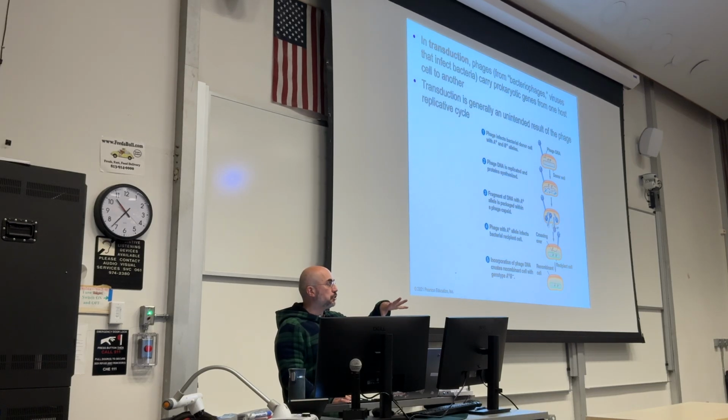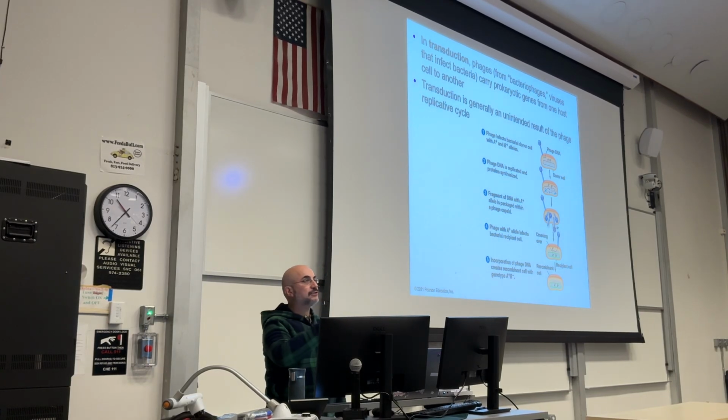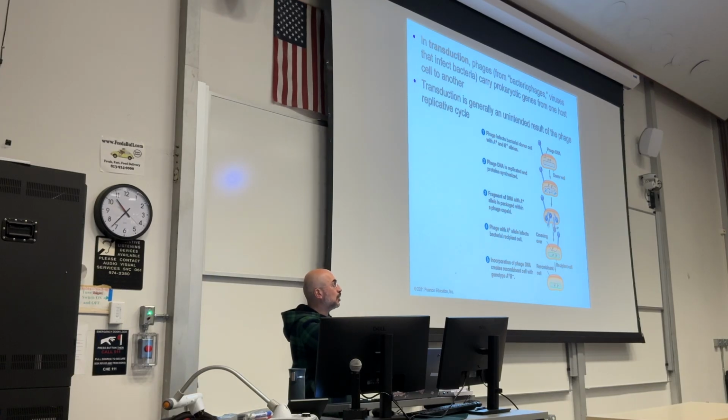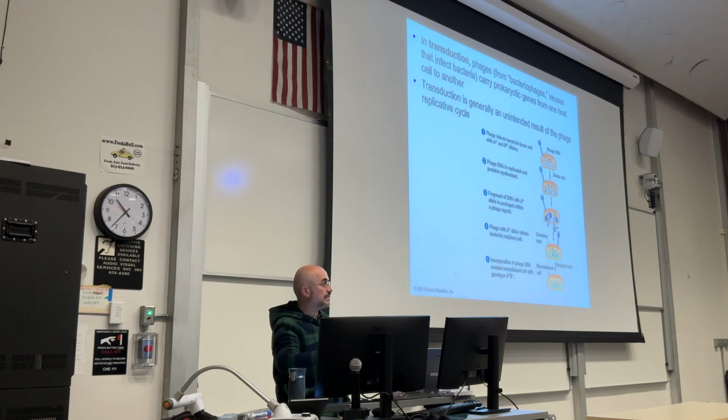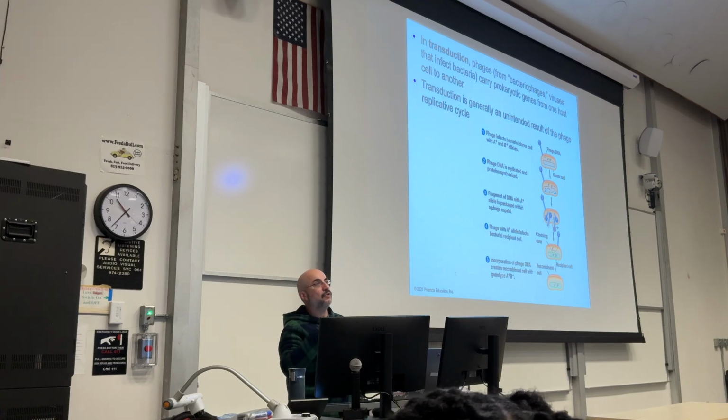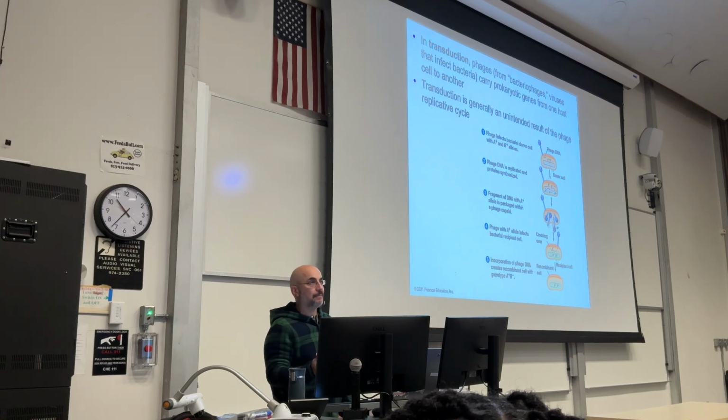If they avoid detection, they inject their genetic material. Then the genetic material travels to the genome of that host cell and inserts itself. And when it inserts itself, in the next replication cycle of the cell, or when the virus hijacks the machinery of the cell to replicate DNA, they are going to produce this novel recombinant DNA.